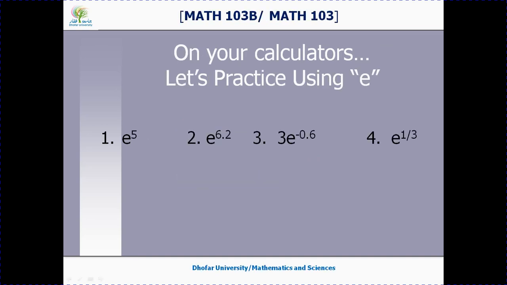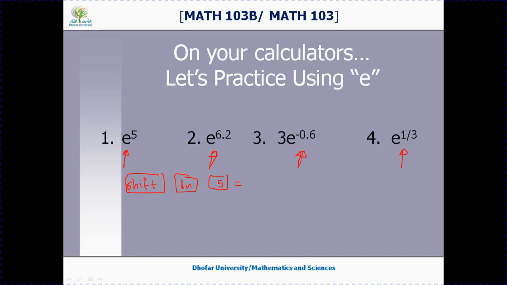Now I want you to calculate e to the power 5, e to the power 6.2, 3 times e to the power minus 6, and e to the power 1/3. Again, let's say this is Shift ln, then I'm talking about the first one, and then 5.